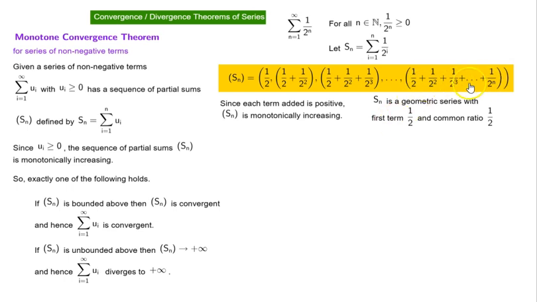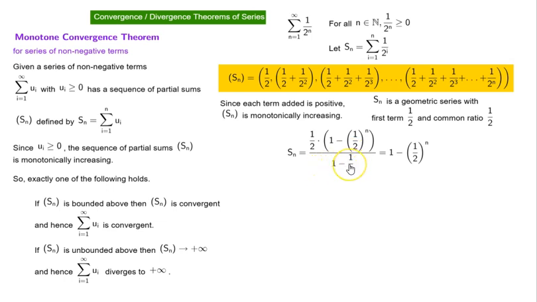And we know the formula for S sub n, the finite sum of a geometric series. So S sub n is equal to a, that is the first term, times 1 minus r to the power of n, divided by 1 minus r. So that is 1 by 2 times 1 minus 1 by 2 to the power of n, divided by 1 minus 1 by 2.